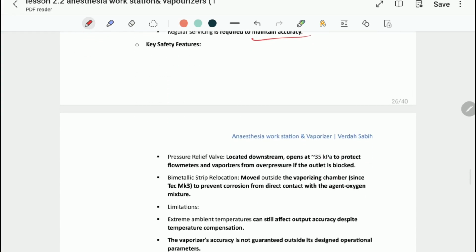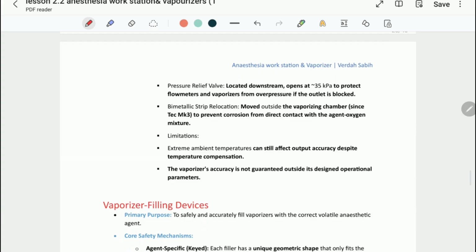The key safety features involved in the vaporizer are the pressure relief valve, which is located downstream and opens at 35 kilopascal to protect the flow meters and vaporizer from overpressure if the outlet is blocked, especially in minute volume divider.